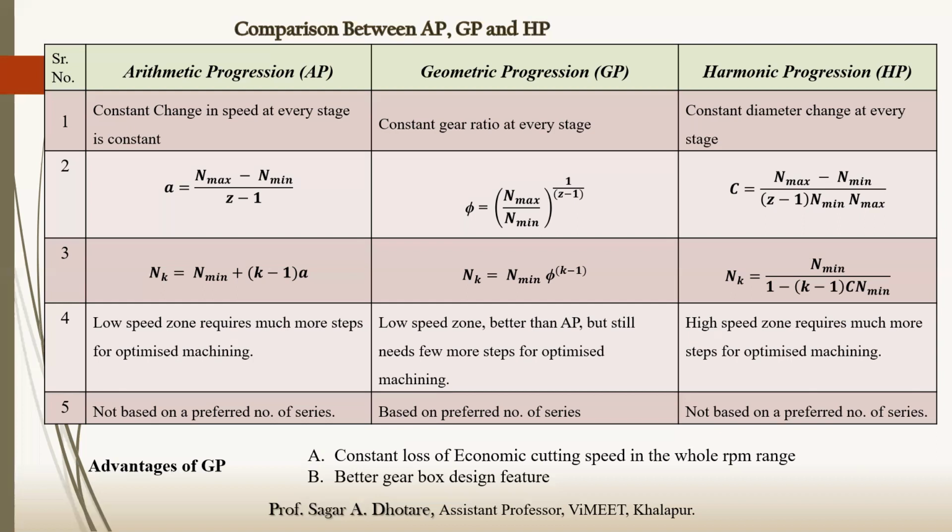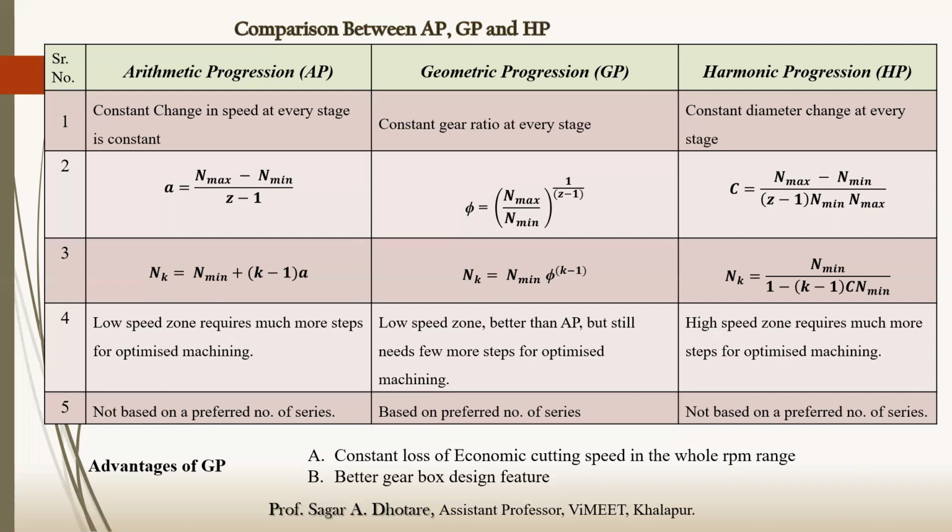Last comparison: arithmetic progression is not based on the preferred number series. Geometrical progression is based on the preferred number series. And harmonic progression is also not based on the preferred number series.